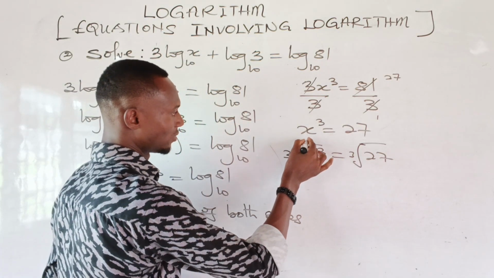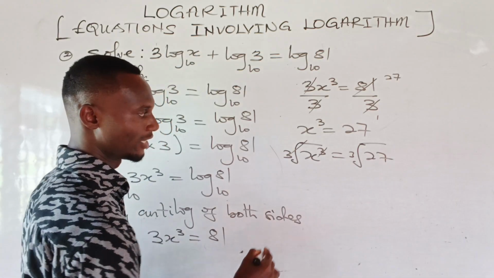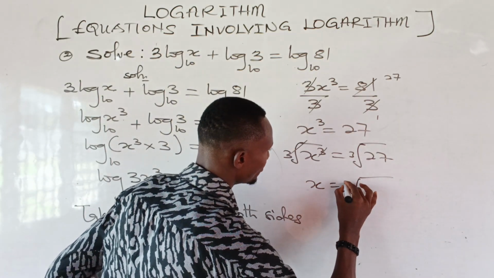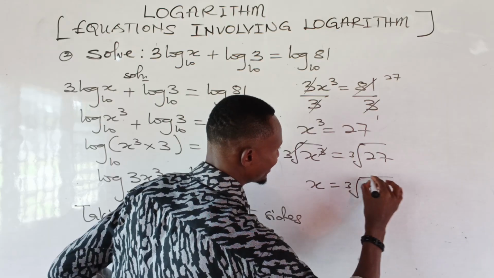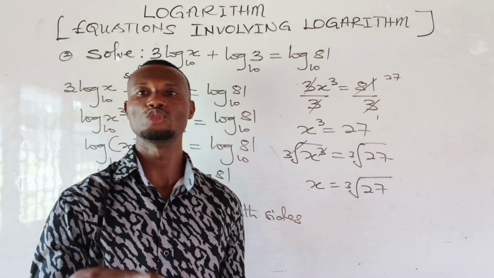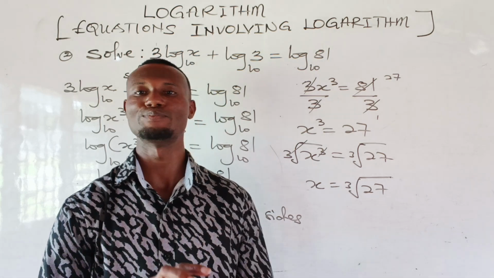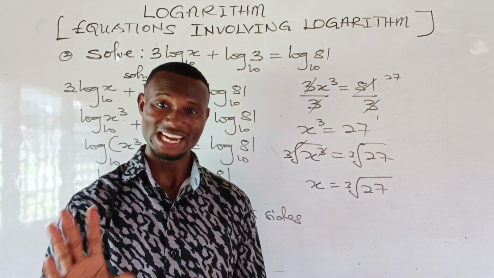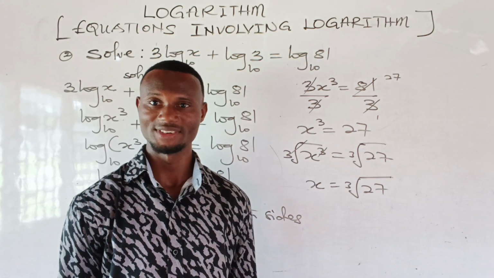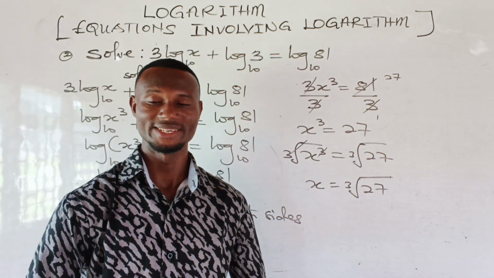The cube root will cancel the power 3 here. So we have s equal to the cube root of 27. And as I'm explaining, the cube root of 27 simply means 3 similar numbers that can multiply to give you the 27. And that is going to be 3.